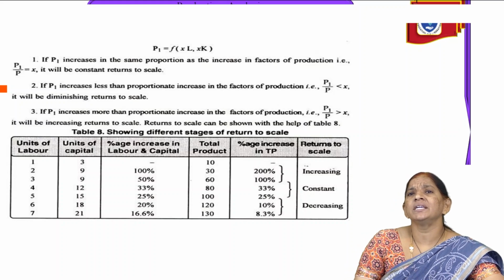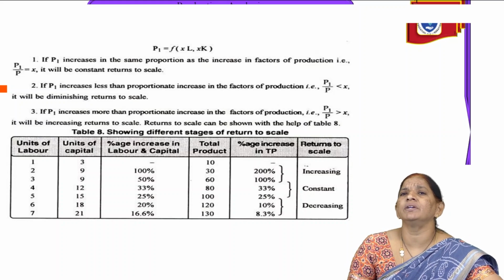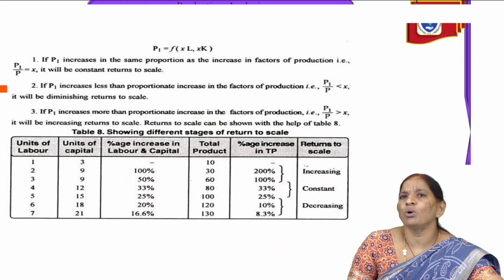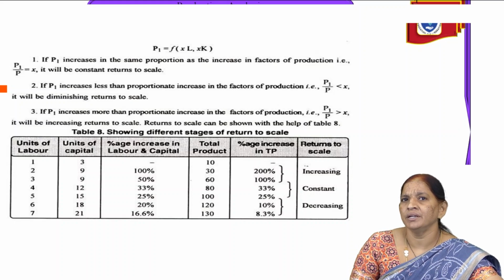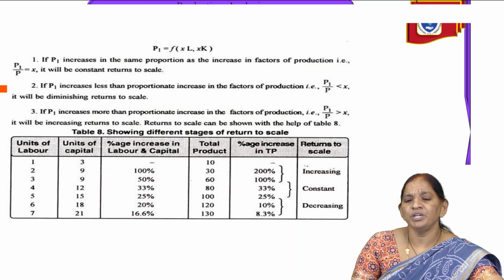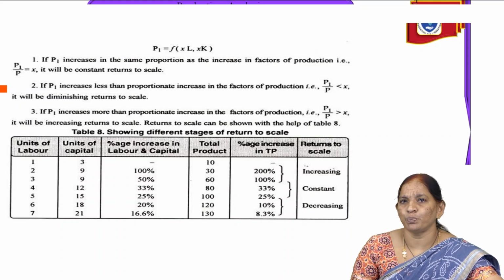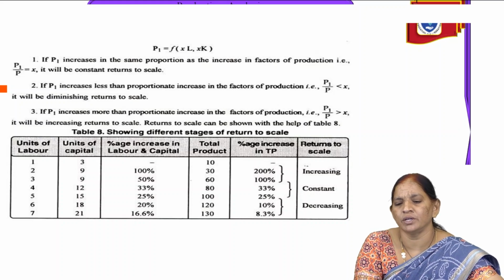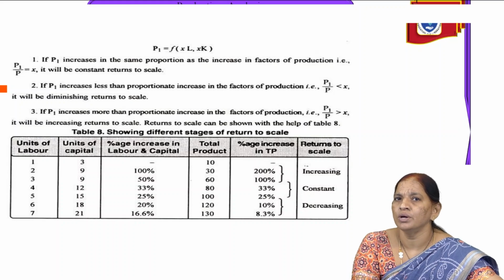We can explain this with an example where the production function P1 is taken as a function of L and K, that is labor and capital. If P1 increases in the same proportion as the increase in the factors of production, that is P1 by P equal to X, this is constant returns to scale.